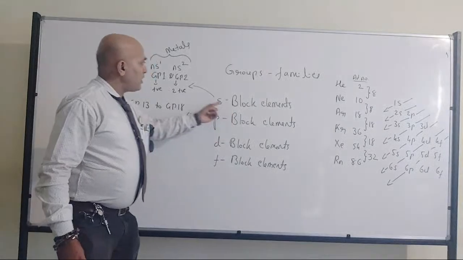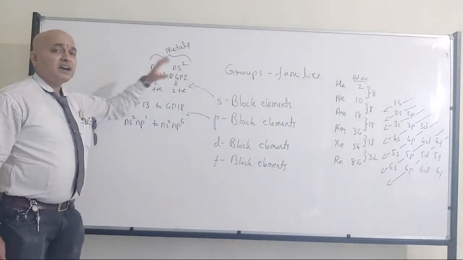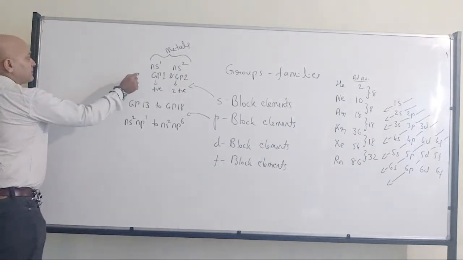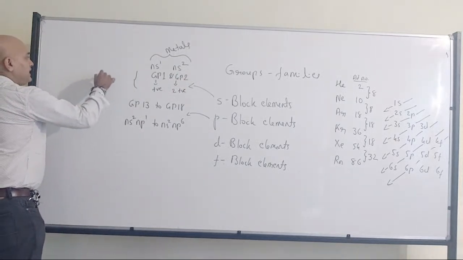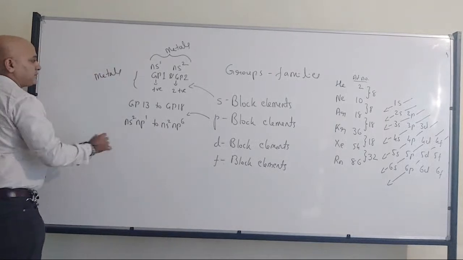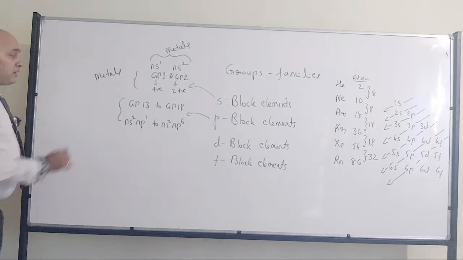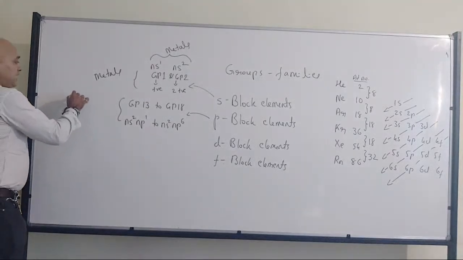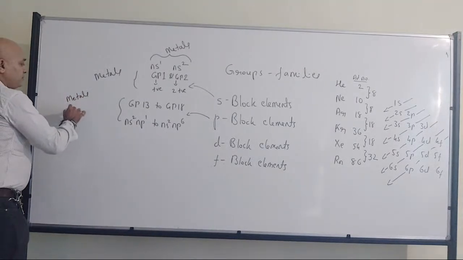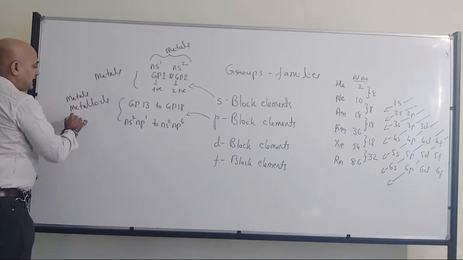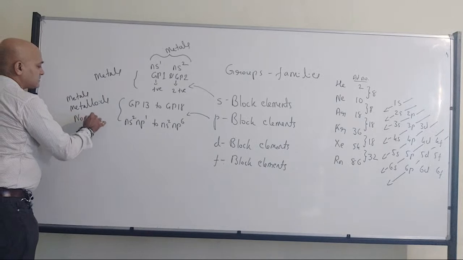Now when it comes to P block, it has different categories of elements. When it comes to S block, we have alkali metals and alkaline earth metals. That means only metals were there. But when it comes to P block, we have metals, metalloids, and even non-metals.